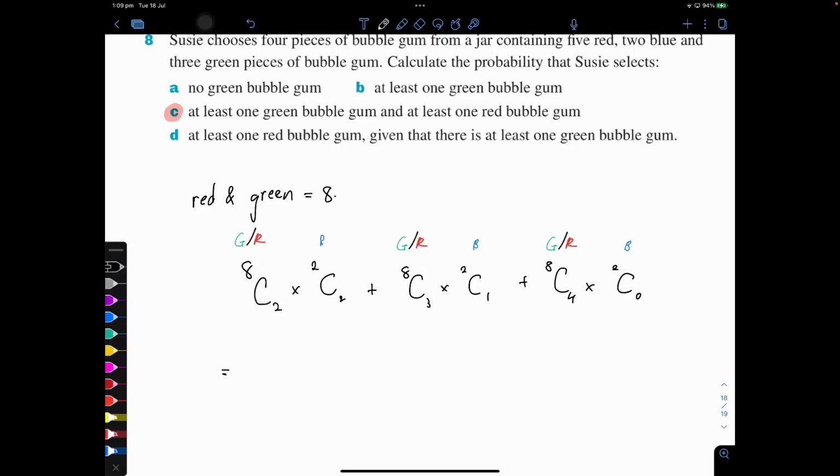That's 1, that's 2, that's 1. Isn't that another way to look at it? I might be wrong.